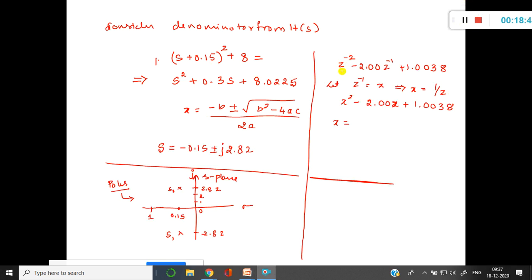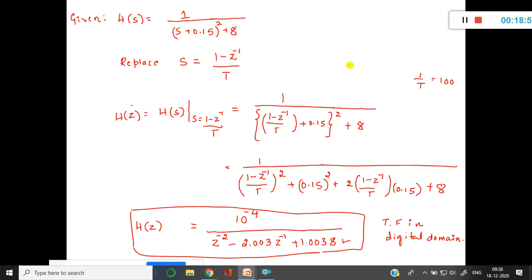So here I took the denominator of the z domain, which is the characteristic equation from here, h of z equal to 10 to the power of minus 4 times the denominator term. In the denominator term, once again I can see the quadratic equation form.